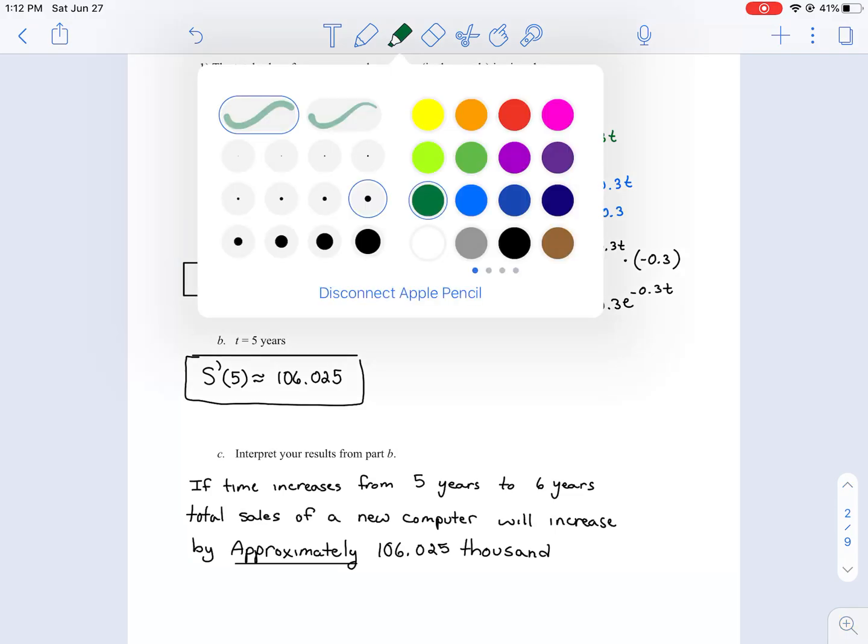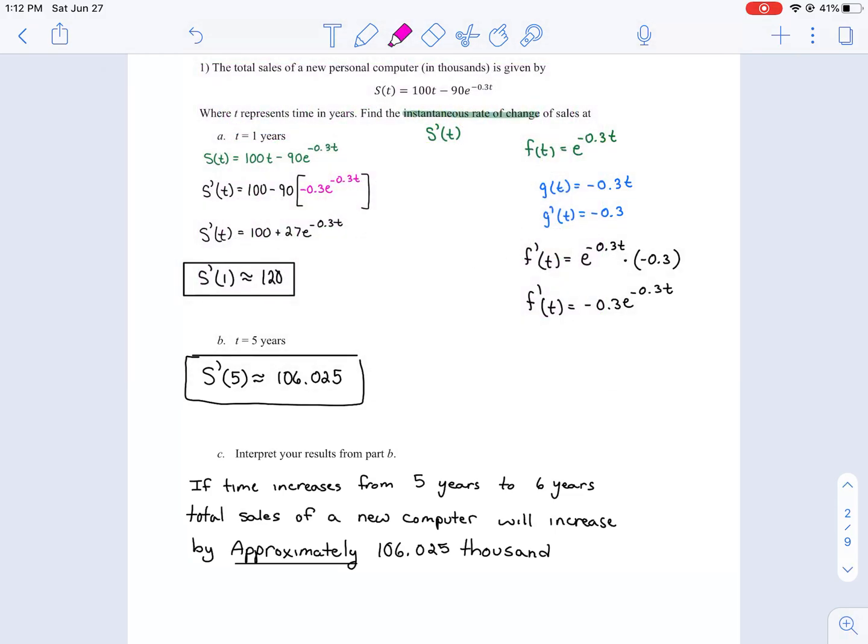Now I write thousand there because total sales is in thousands, so we have to have the thousand.